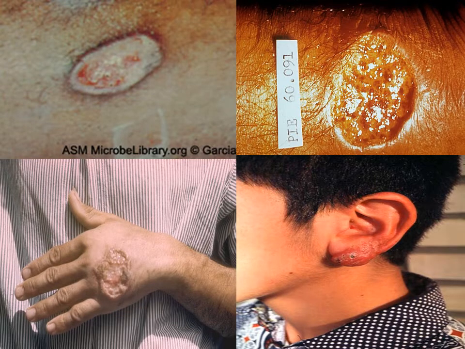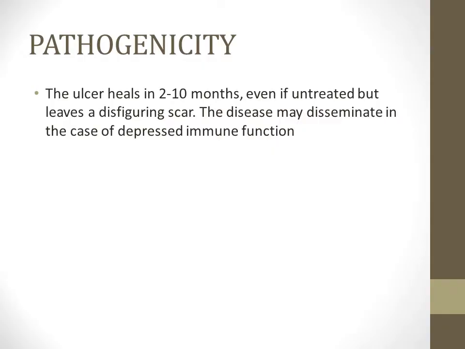So this is the classic representation of cutaneous leishmaniasis, the oriental sore or the Delhi boil. These are other figures showing cutaneous leishmaniasis. The ulcer heals in 2 to 10 months even if untreated, but leaves a disfiguring scar.